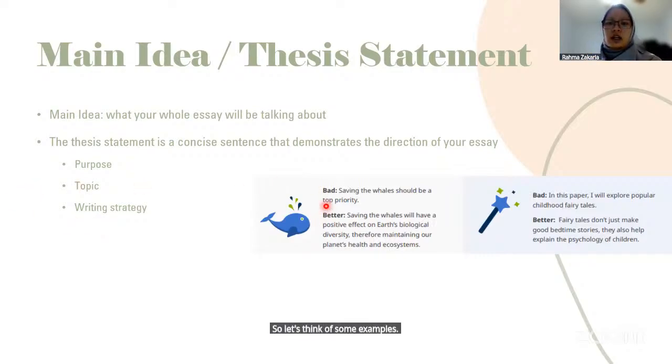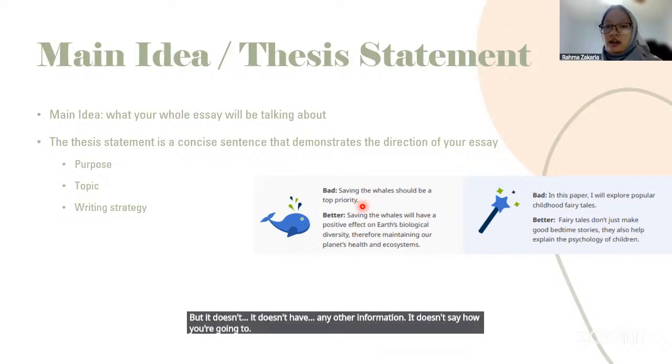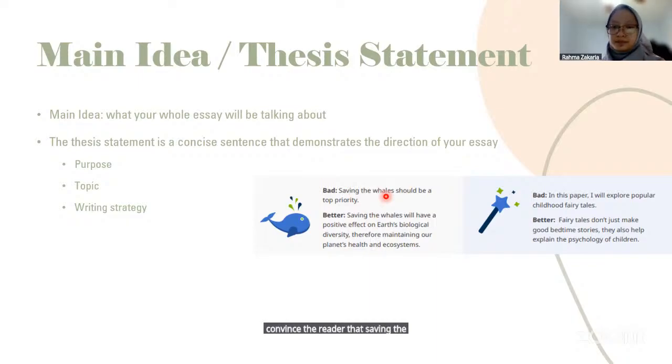Let's say somebody is planning to write an essay about saving the whales. This is the first trial of a thesis statement: saving the whales should be a top priority. So this tells you what you want to say in the essay, but it doesn't have any other information. It doesn't say how you're going to convince the reader that saving the whales is important.